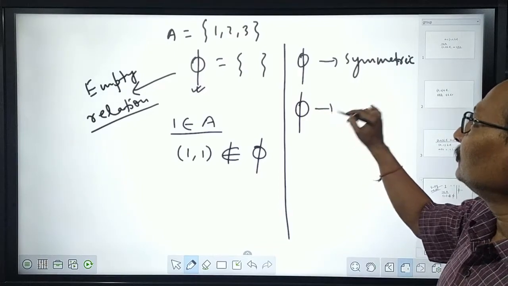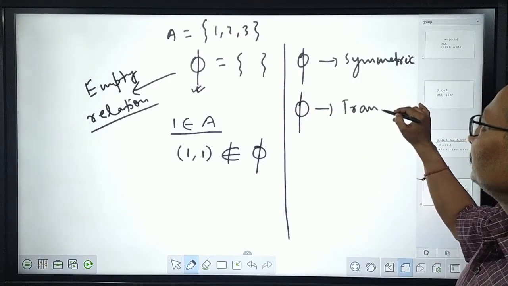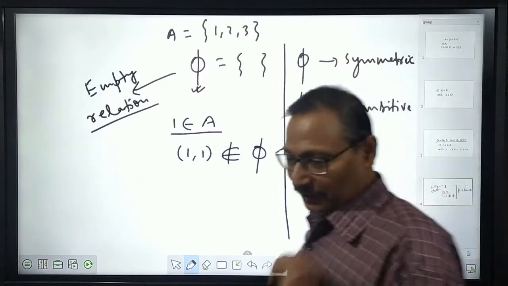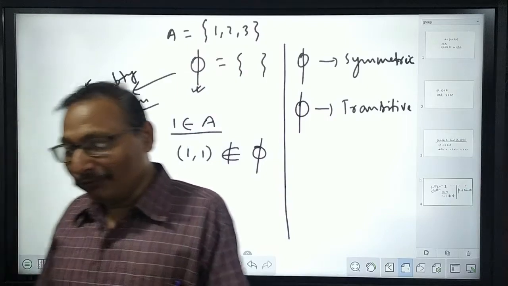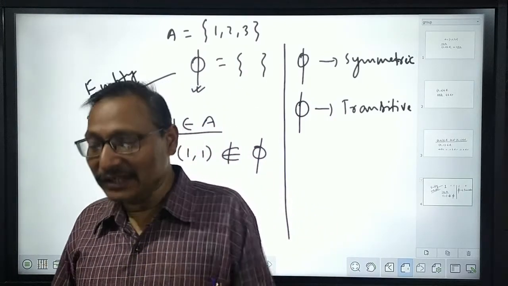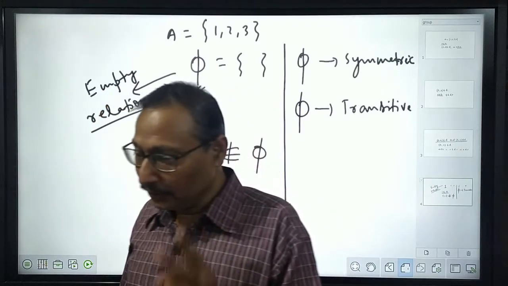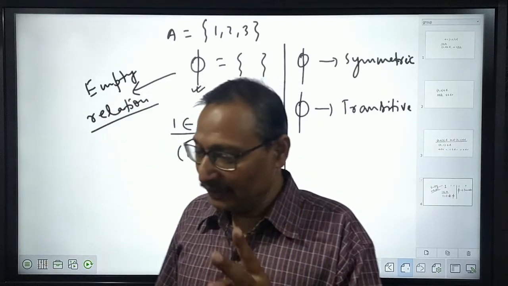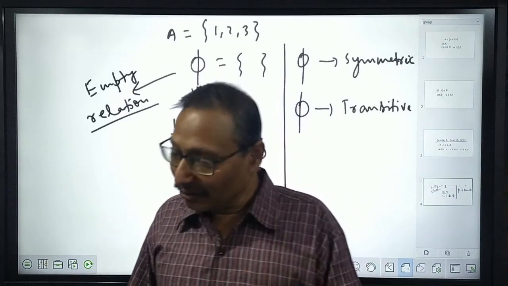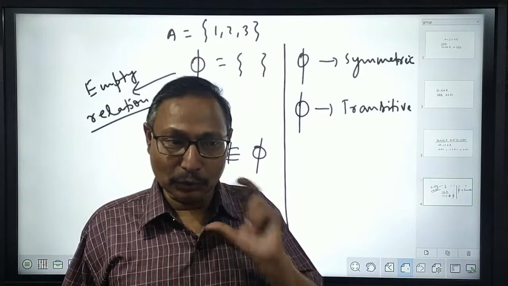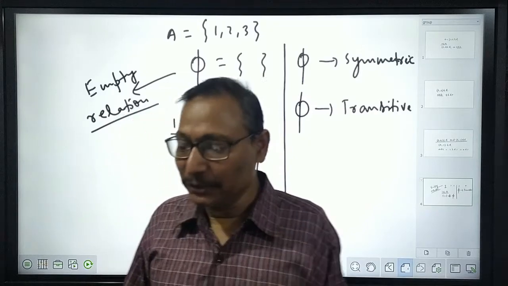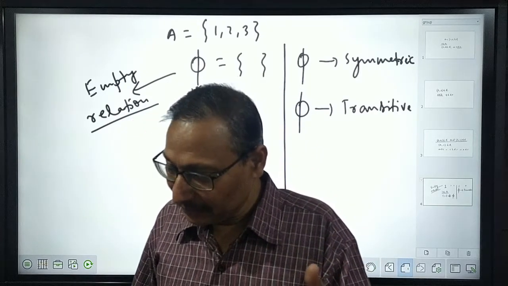Now, transitivity of this relation. To show any relation transitive, we need to pick two pairs, two elements from the given relation. Not only this, we are to pick those pairs such that the second element of the first pair must be the first element of the second pair.